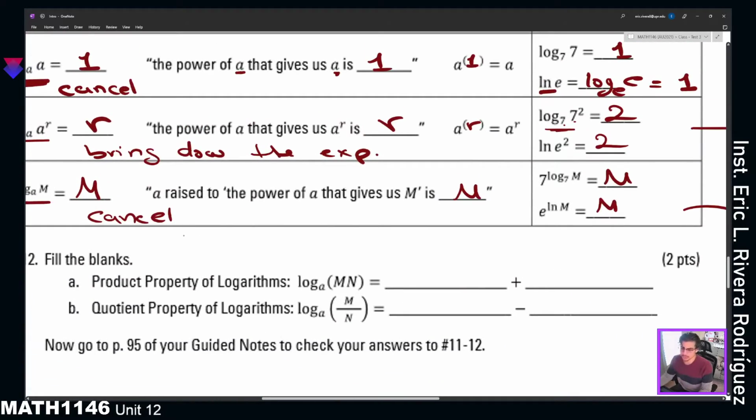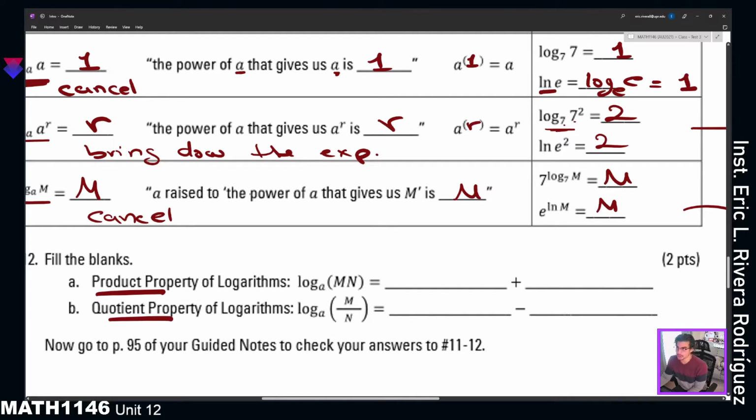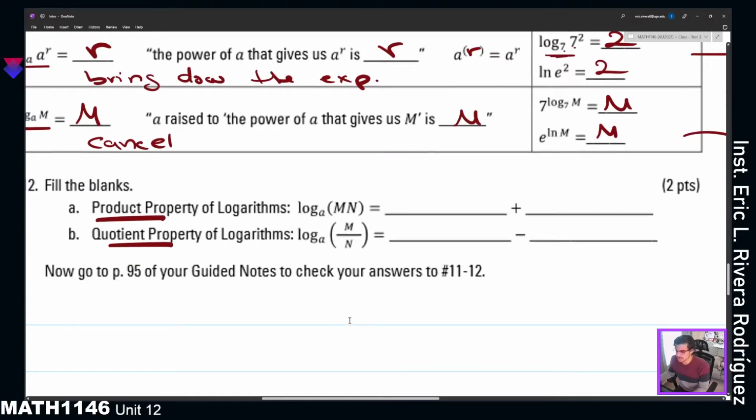Going back to the product property and the quotient property, these also are going to be important when we want to simplify logarithmic equations, or when we want to expand logarithmic functions or expressions. So what is the deal here?